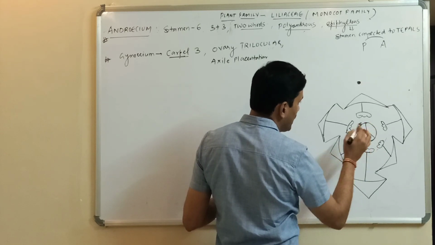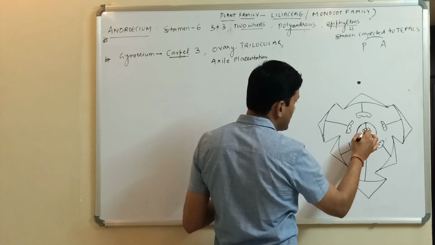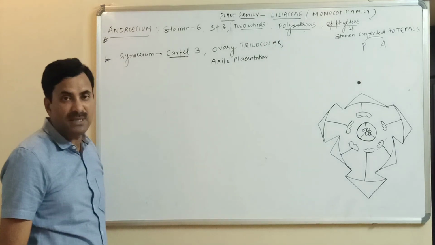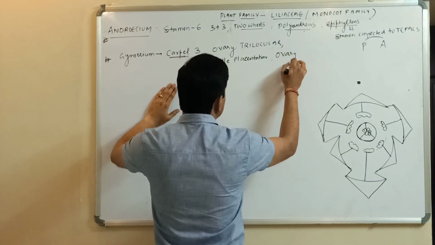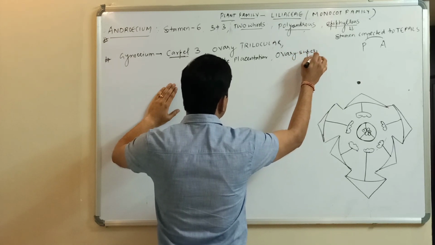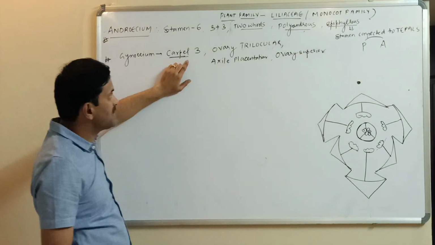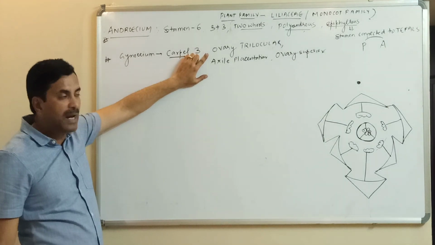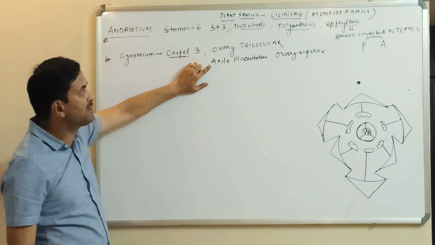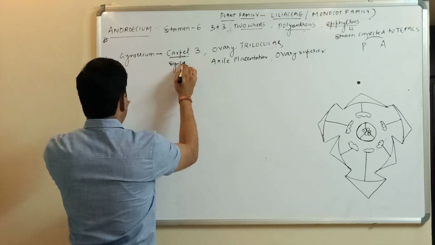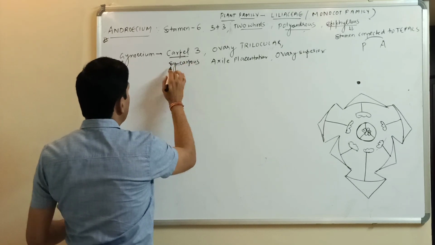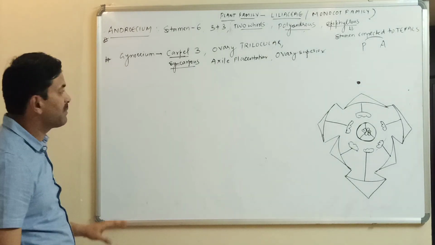I made it trilocular, and ovules are present at the center. So this is axile placentation. Ovary is superior. Again I am repeating, carpels 3, ovary is trilocular, axile placentation, ovary superior, and carpels are fused together. Syncarpus. Carpels are fused together, so they are syncarpus.